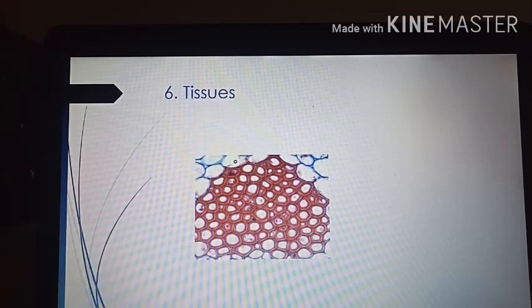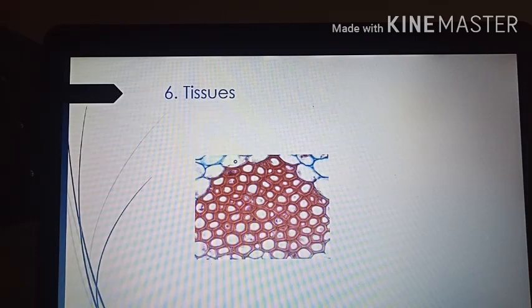In addition of connective tissue, we learn about its characteristics, its types, structure of blood tissue, difference between bone and cartilage tissue, ligament and tendons, adipose tissue.